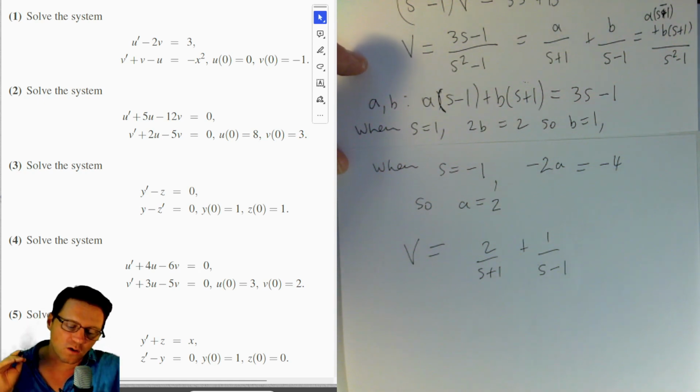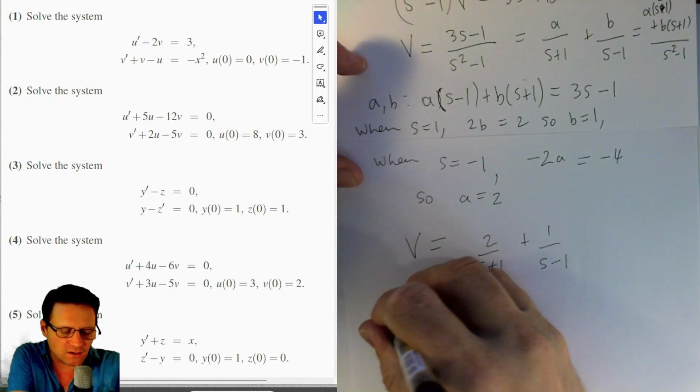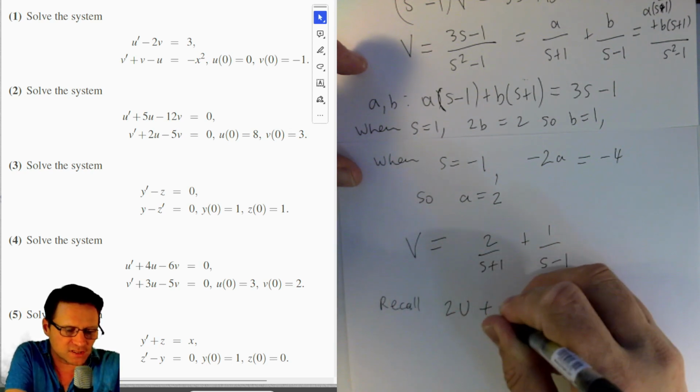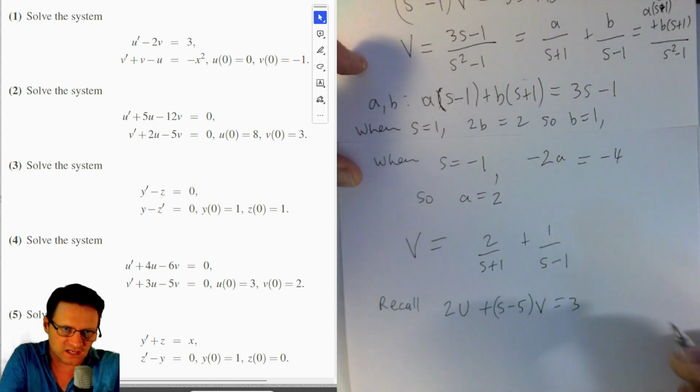All right, so now we can take this, sub it in where we have an expression for u. Okay, so let's say recall from above 2u plus s minus 5v is 3.